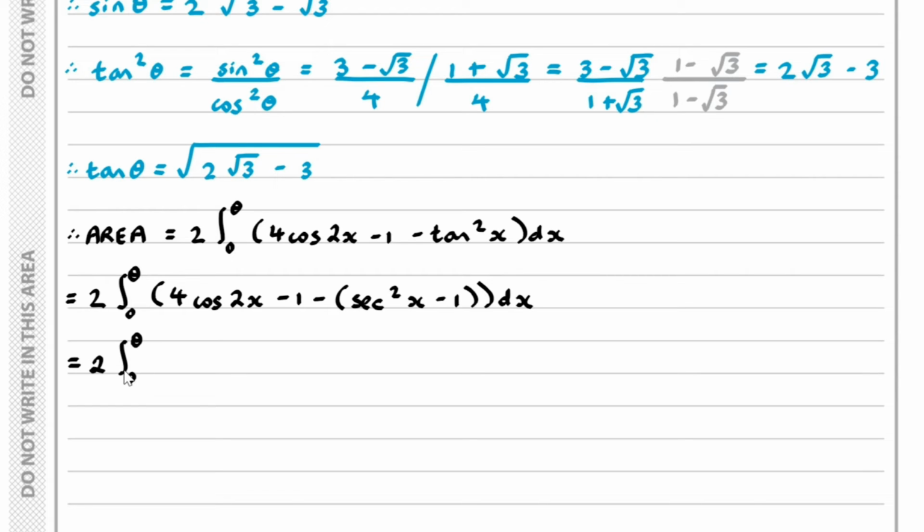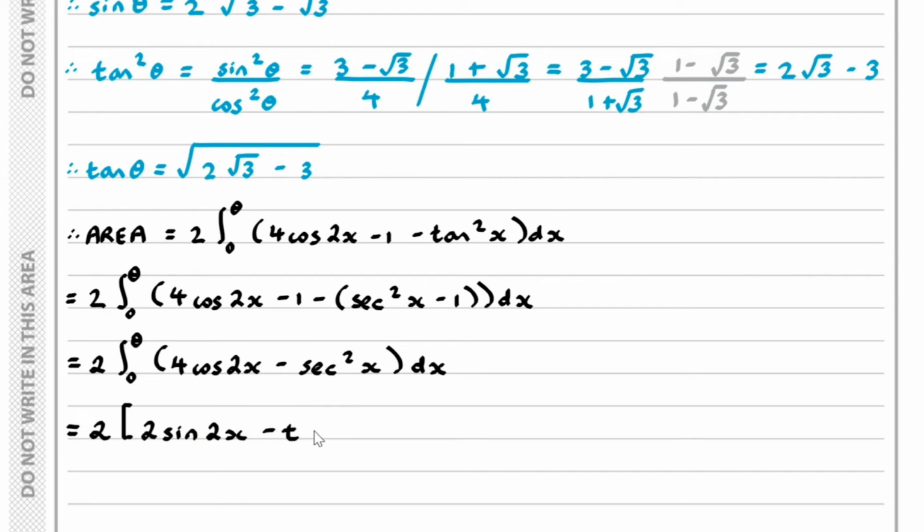So I've got 2 lots of the integral from 0 to theta of 4 cos 2x, and then minus 1 and the plus 1 cancel out, and then I've got minus sec squared dx. And if I integrate 4 cos 2x, I end up with 2 sine 2x, and if I integrate minus sec squared, I've got minus tan x.